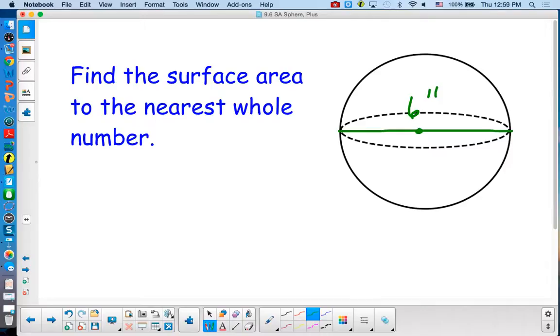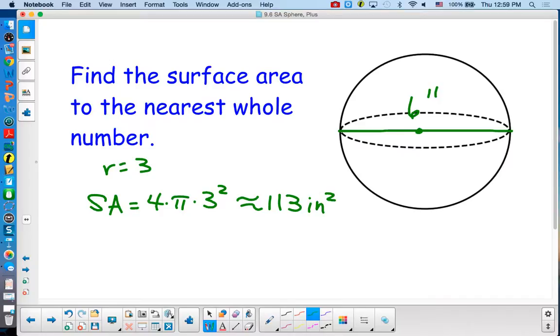Use the radius or the diameter. Radius is what? 3. Okay, radius is 3. So you did 4 times pi times 3 squared. I got 113. 113 square inches. So we did one with diameter, one with radius. Watch for those.